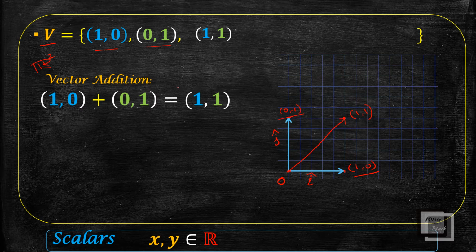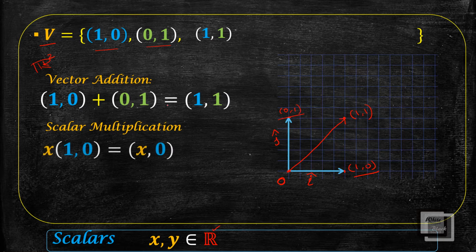Now we will multiply a vector with some scalar from the real numbers R. Let's say x: I multiply x with (1, 0) to get the vector (x, 0). If x is greater than 0, then the new vector will be in the direction of the x-axis and a magnified vector having endpoint (x, 0).